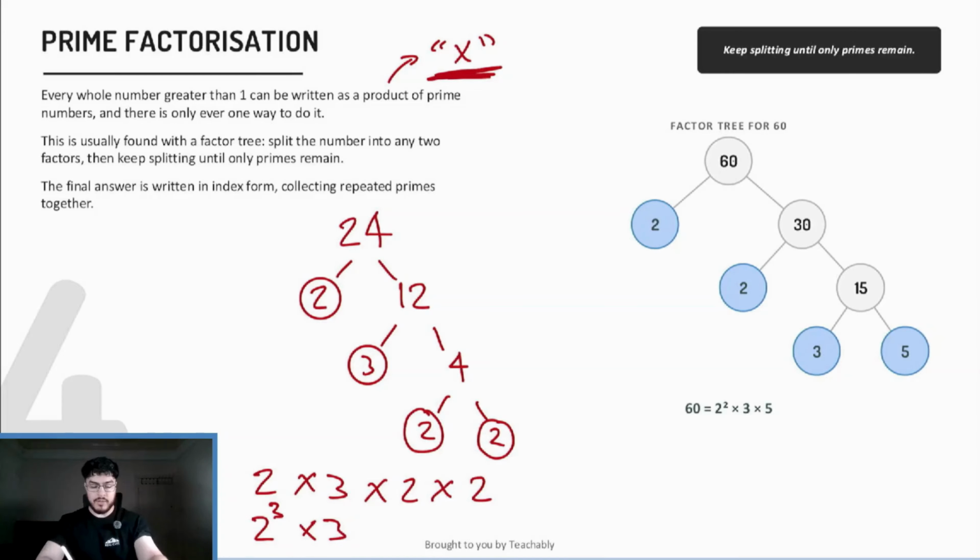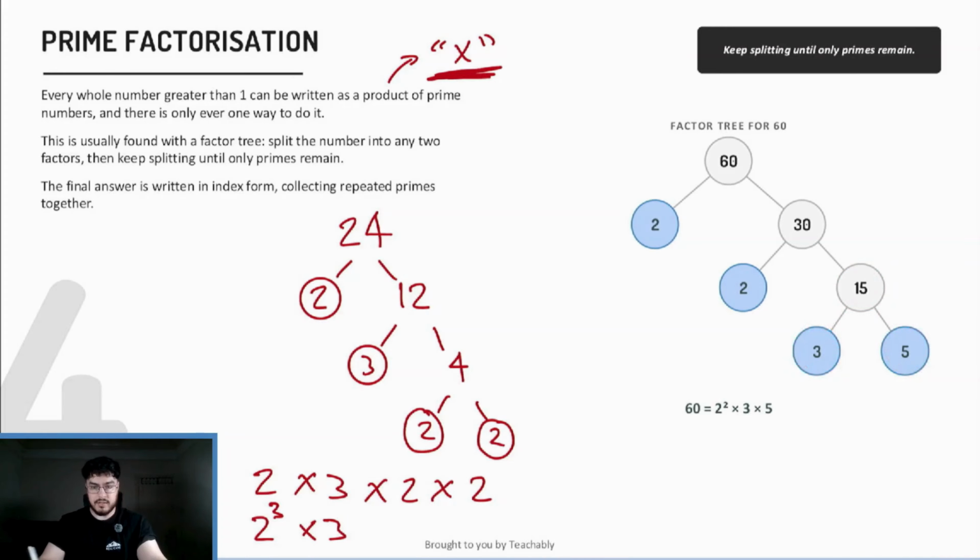Okay, now we can talk about this because we've learned the mechanics. If we want to work out the prime factorization of 60, we do the same thing. 60 is here, and then we can say 2 times 30, and then we circle the 2 because it's prime. 30 can be broken down into 2 and 15, so 2 times 15 makes 30. Again, we circle the prime, and then 15 is 3 times 5, and both of those are primes.